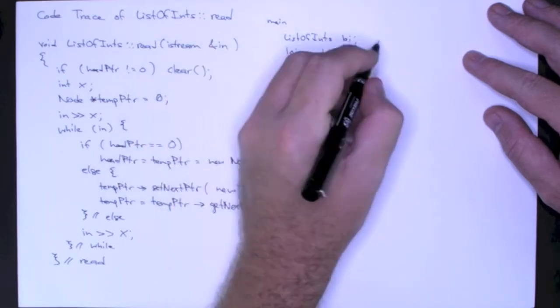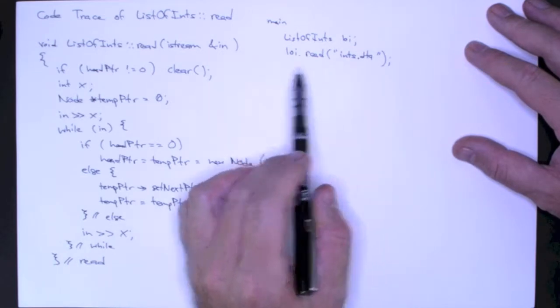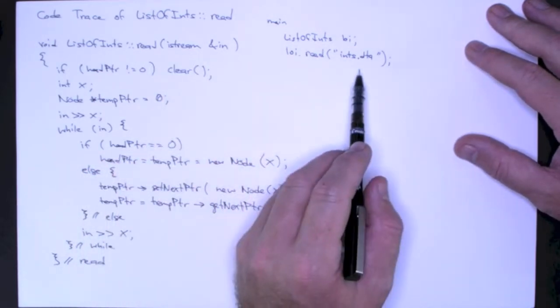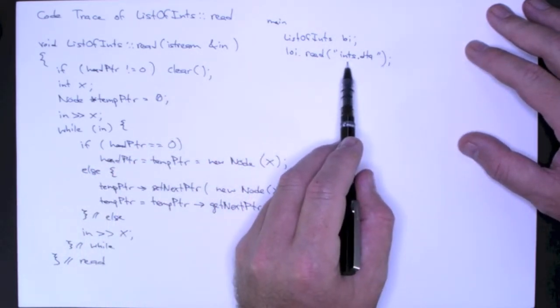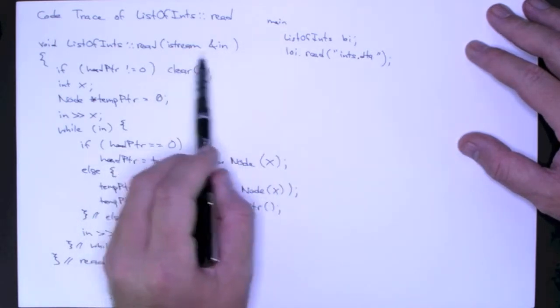Let's say ints.dta. That's going to call the version of read that takes a file name. It's going to open that file name as a stream, and pass the stream into here.